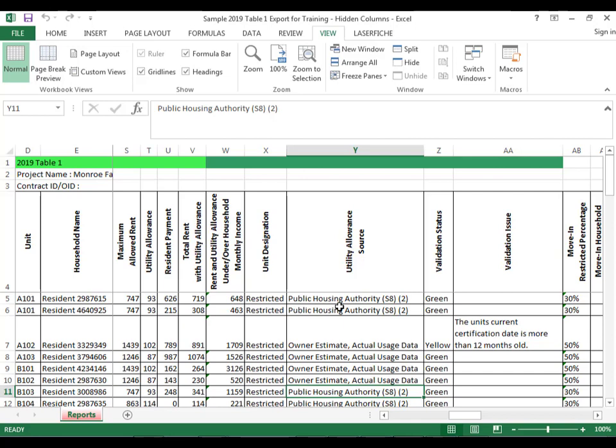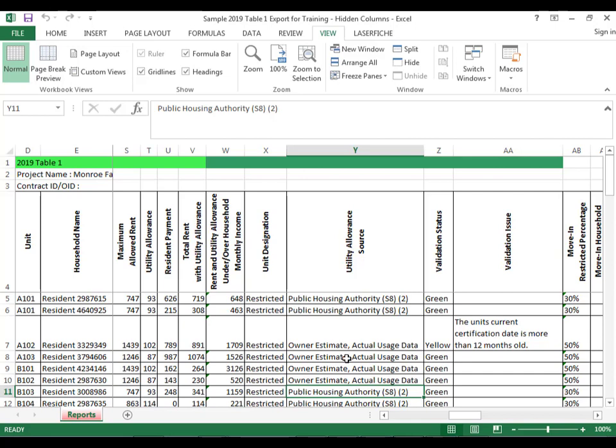Utility allowances are set up by building, and we have a separate module that covers how you can set them up by building, and how you can do an all-encompassing setup for all of your buildings at once. So you're going to want to pay attention to that.